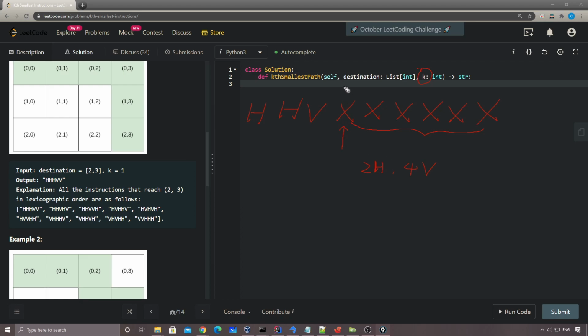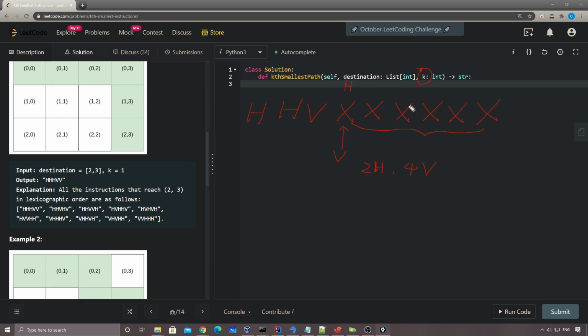If we put H here, we're still using the smallest possible options, so we still need to make a K-th number bigger than the current options. But if we put a V here, it means we are skipping all those possible numbers starting with H from the current K. Basically, we're skipping that.